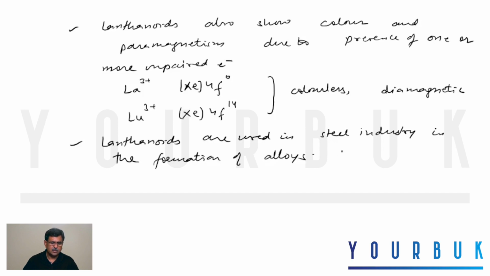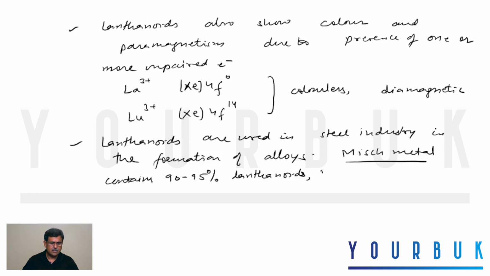One important alloy is the mixed metal, which contains 90 to 95% lanthanoids, 4 to 5% iron, and the rest is calcium, silicon, sulfur, like this.